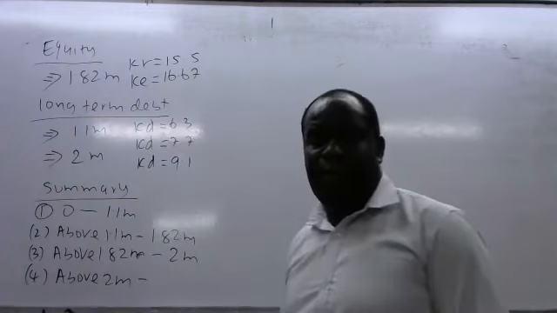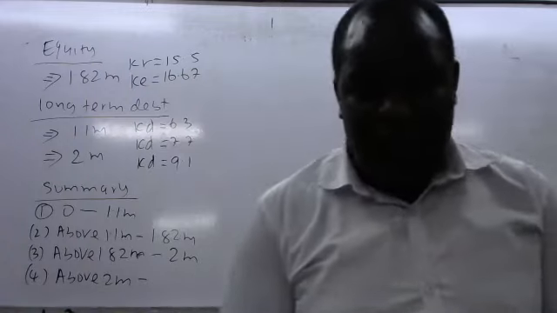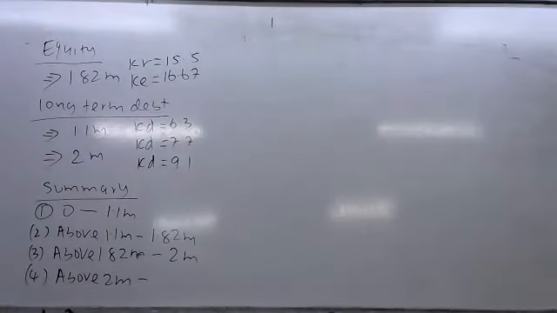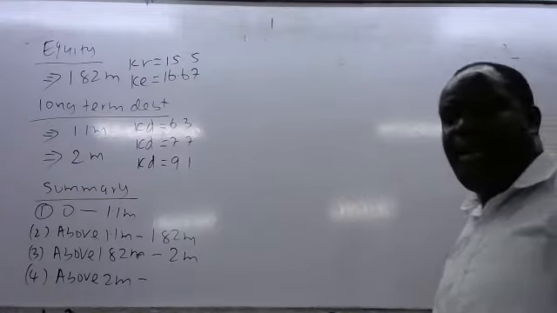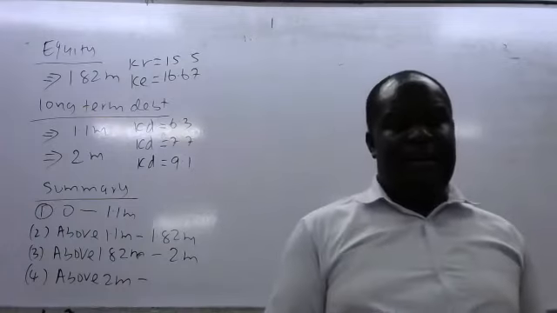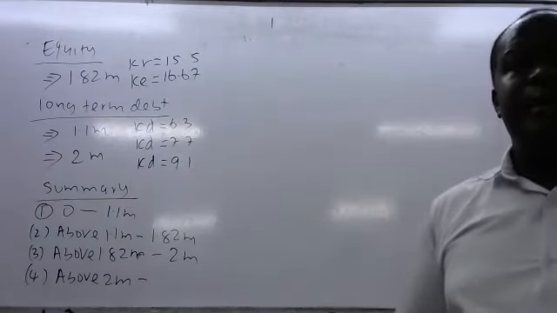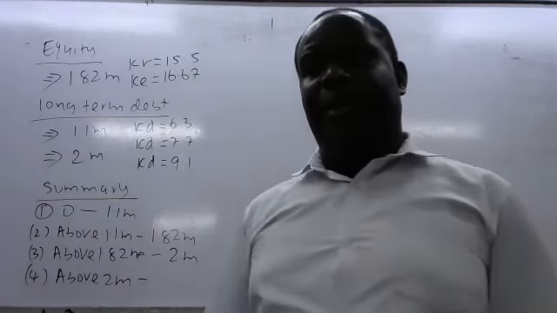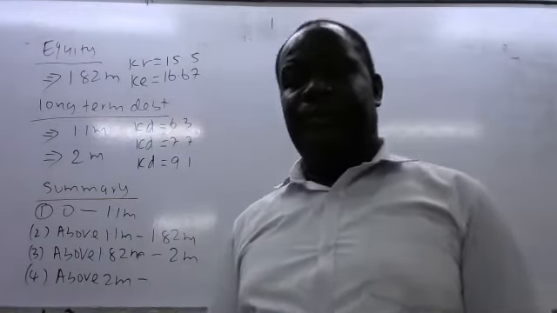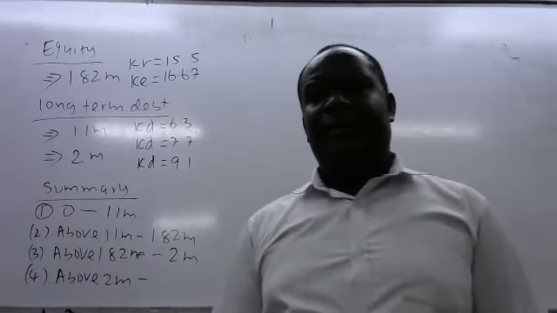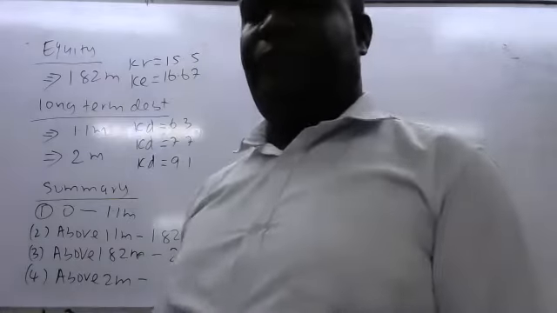I want you to get the total of all those projects. You are given some projects, A, B, C, D, and E. When you add their cash outlay, they should give us a total of how much?